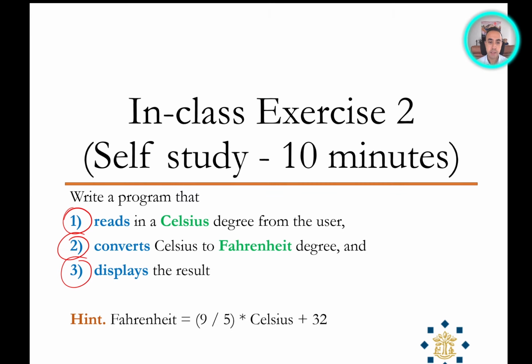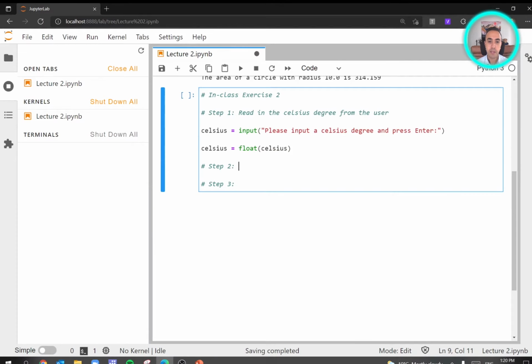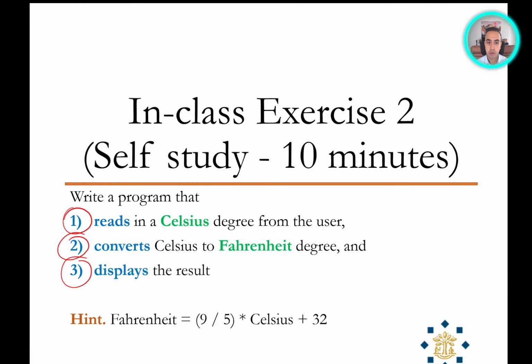And then in the second step, convert Celsius to Fahrenheit. Let's compute the Fahrenheit degree from the Celsius degree. We are given this formula down below.